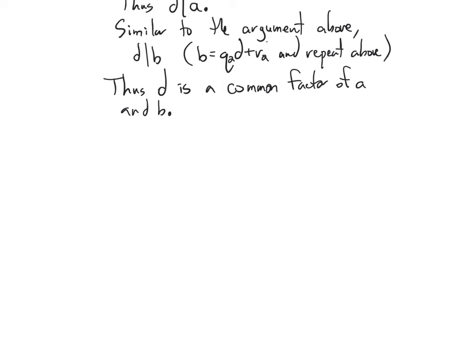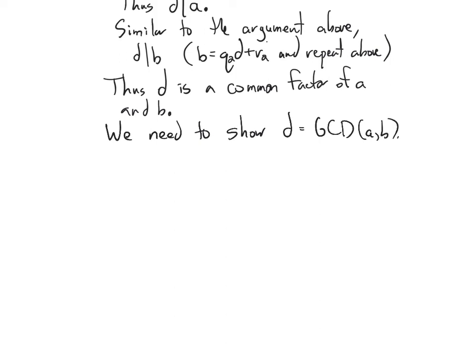We want to show that D is the greatest common factor. So we need to show that D is indeed the greatest common divisor or factor of A and B. So let C be another common factor.